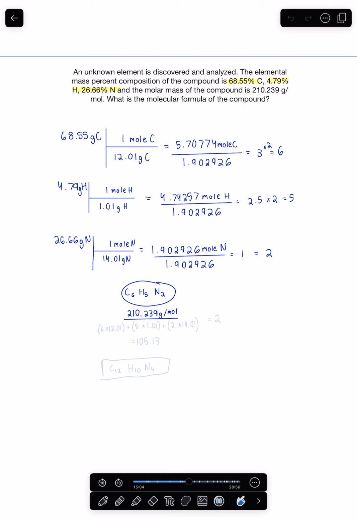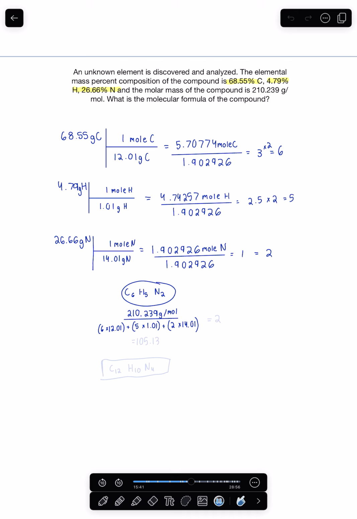So we want to take the mass of carbon on the periodic table, which is 12.01, times it by 6, add the hydrogen, which is 1.01 on the periodic table, and then finally the nitrogen. So I'm going to go ahead and calculate that out and see what that is.